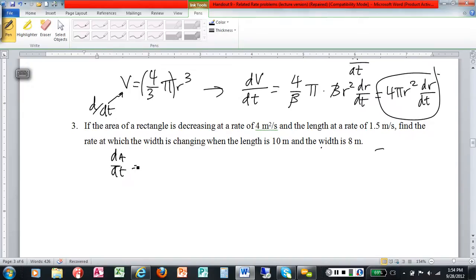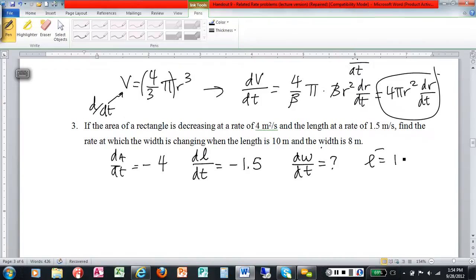And it's decreasing, so I probably should call that negative. dA/dt is negative 4, and the length's decreasing at a rate, so dL/dt is negative 1.5. Find the rate at which the width is changing, so I'm looking for dW/dt.